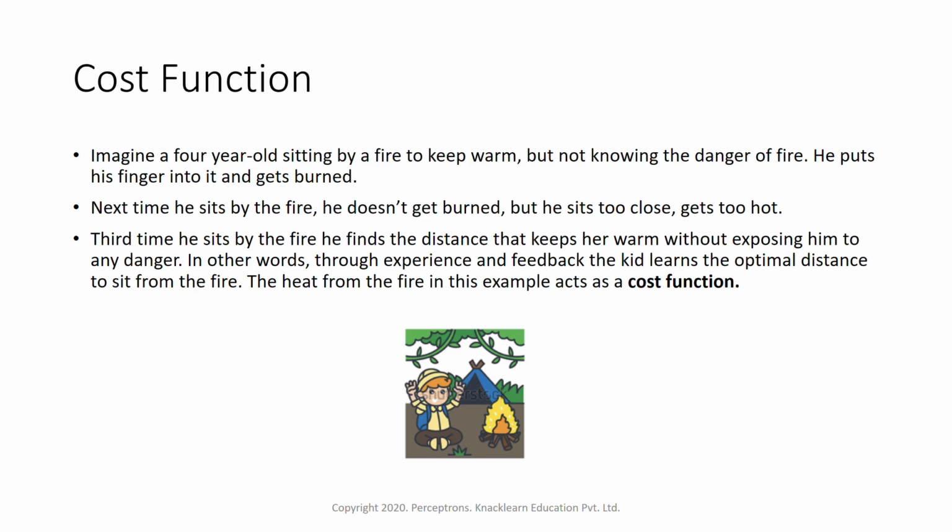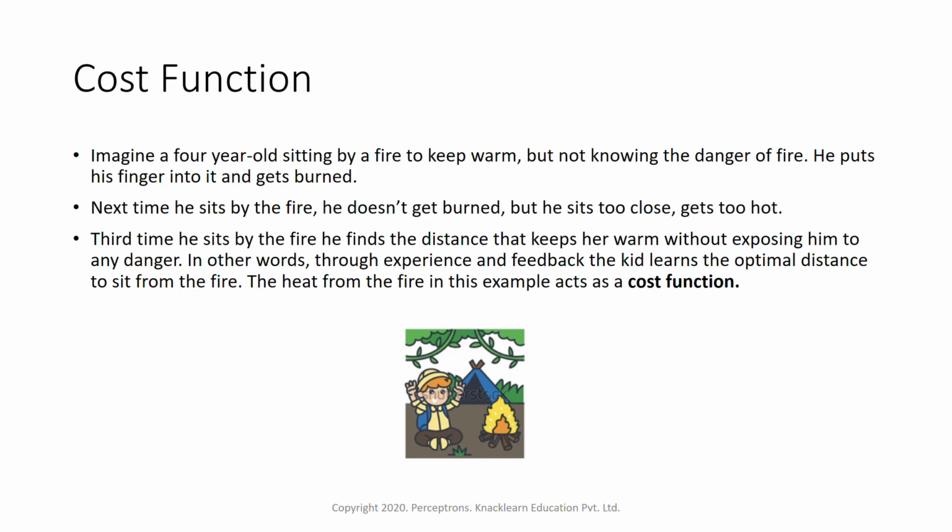So next time he sits by the fire, he doesn't get burned because he sits too close, but he gets too hot. Third time he sits by the fire, he finds the distance that keeps him warm without exposing him to any danger. In other words, through experience and feedback, the kid learns the optimal distance to sit from the fire.